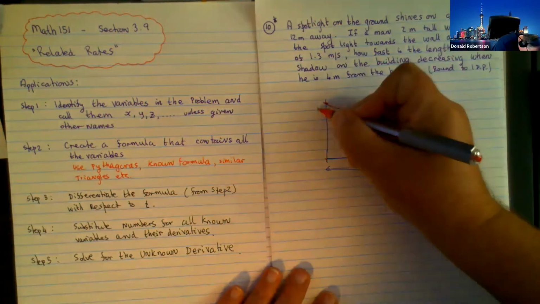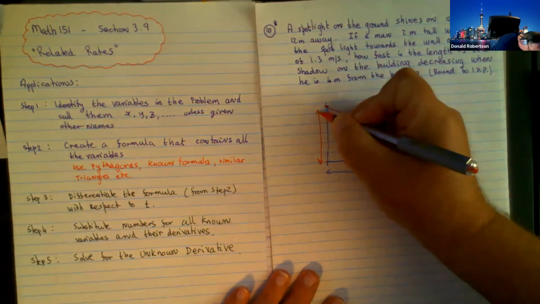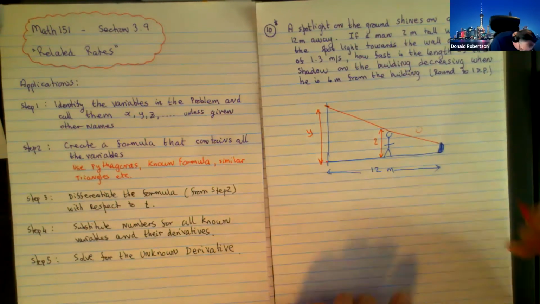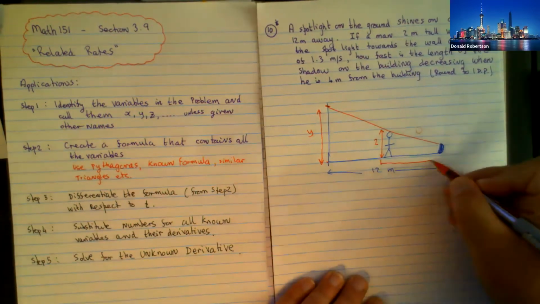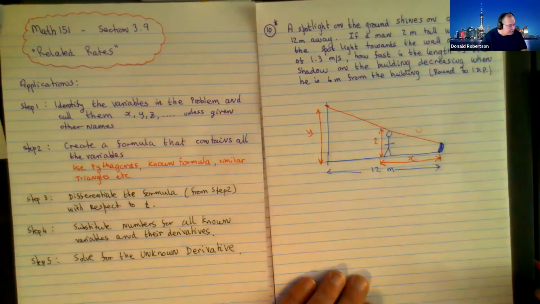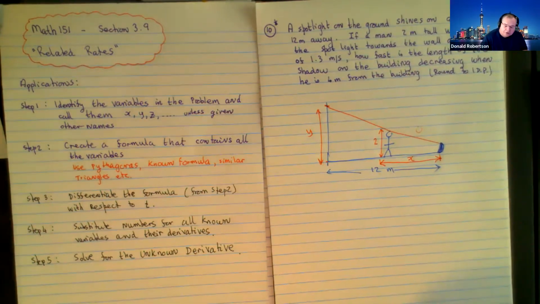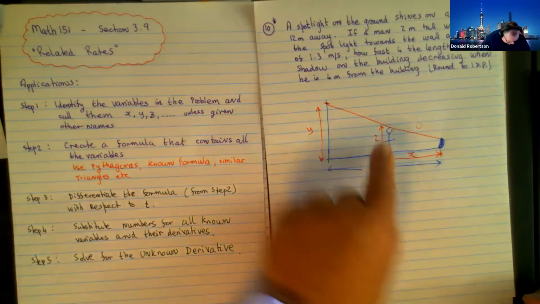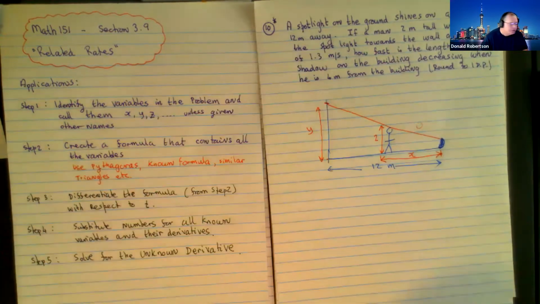So this is a variable. This changes. Since the man is walking away from the spotlight, won't the distance from here to here also be changing? So there are my two variables, x and y. X represents the distance that the man is away from the spotlight, and y is going to represent the height of his shadow.